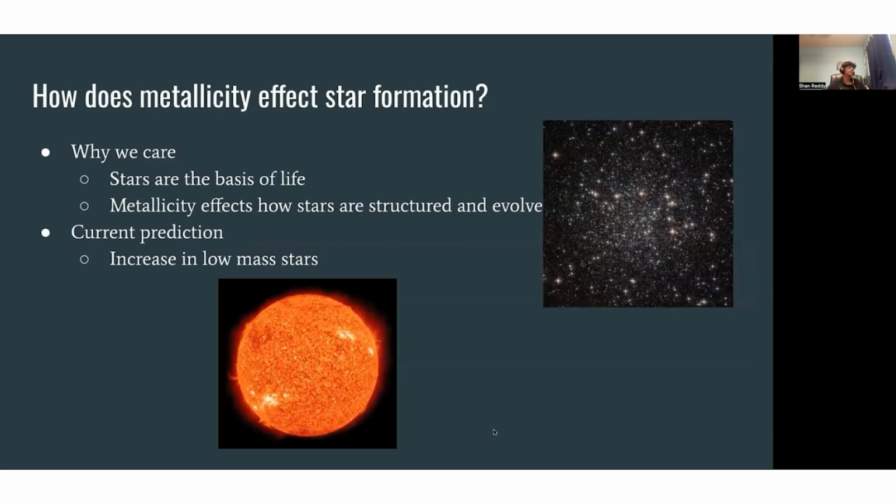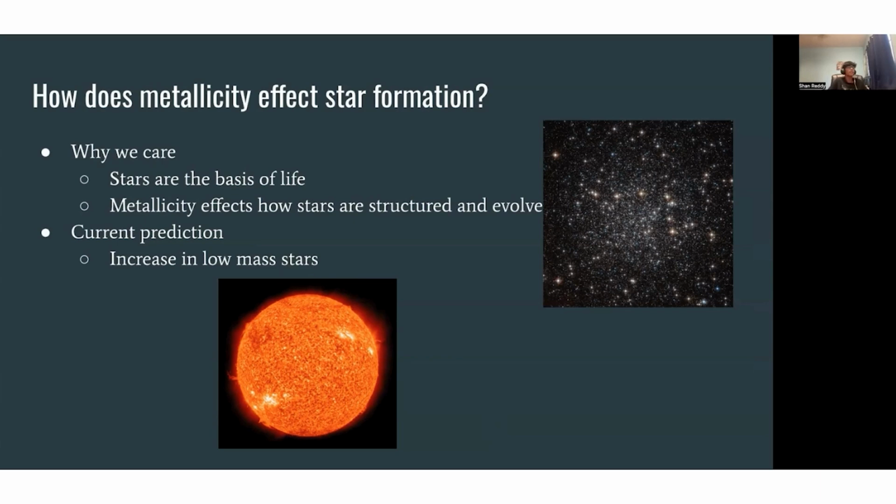So, how does metallicity affect star formation? And why do we care? Well, stars are the basis of life. They contained all the material that will ever be in the ISM, and they contain the material that created Earth, us, and the entire solar system. So you can essentially say we are made of stardust. Stars also are the only reason life can ever exist.